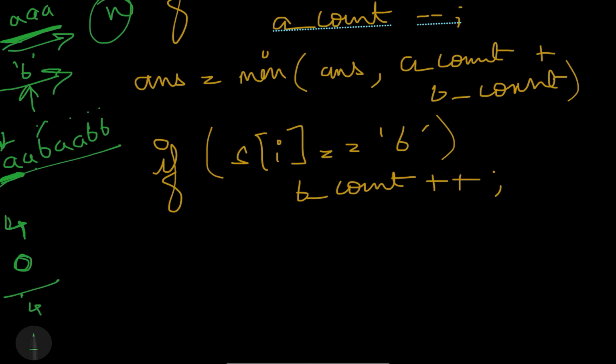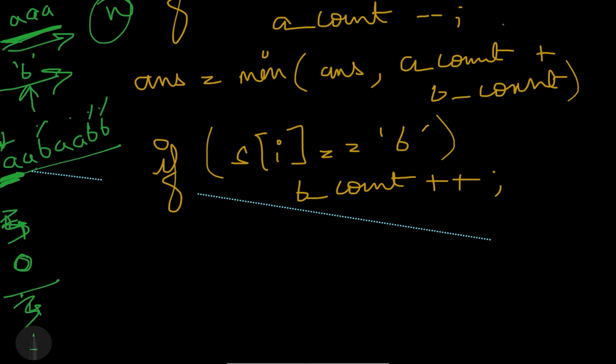We have to delete this one, this one, this one. And A count was minus minus, so it would have been 3 because we will not consider this A. So it would be 3. Now at this point we have A count as 2 and B count as 0. Then here it will be 2.